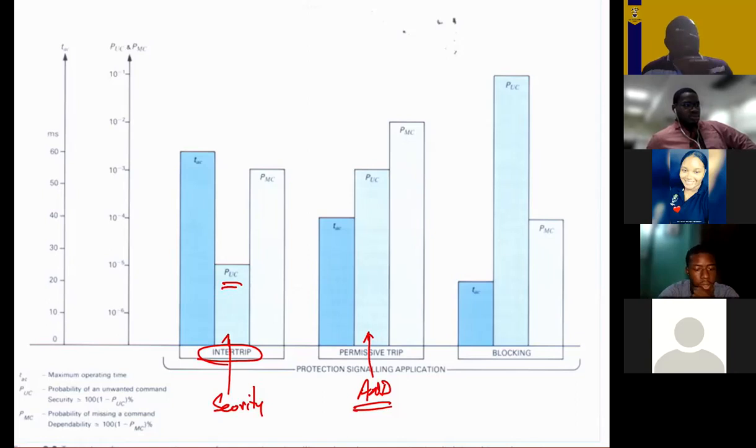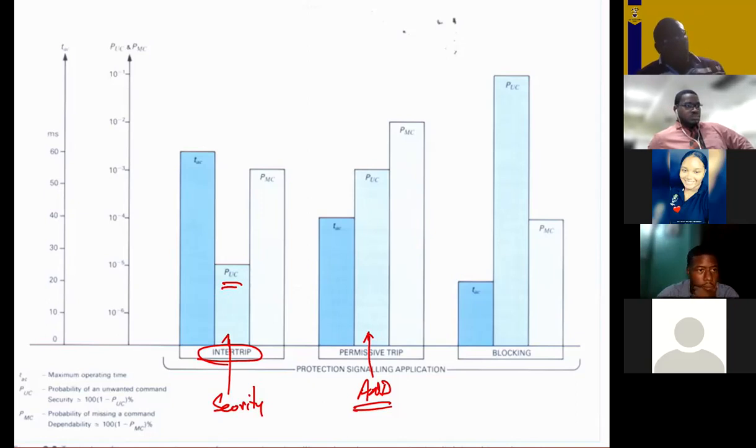So it isn't that the relay at the far end will not operate. The only problem is it will operate in zone 2 time. So the intertripping scheme, the permissive scheme and the blocking scheme are simply to speed it up. So you want it to operate as close as possible to the zone one time, so you can remove both ends of the line.